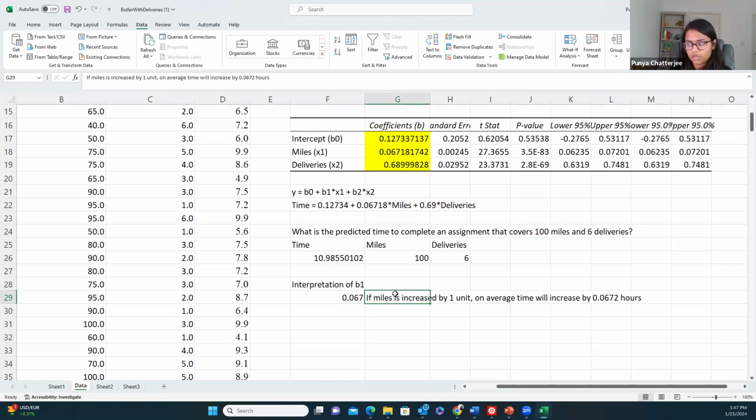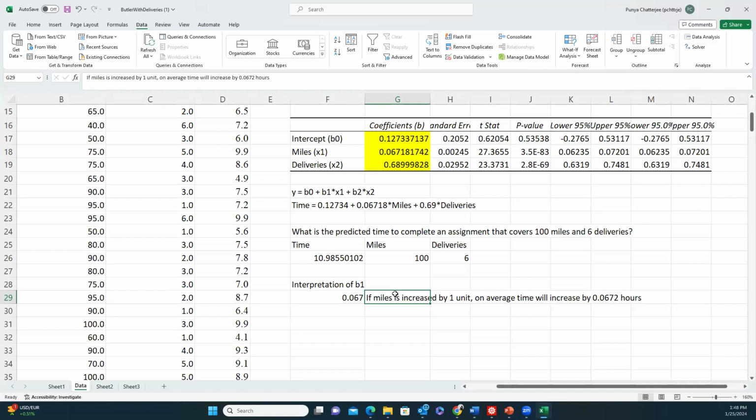So it's incomplete in the sense that we don't know what happens to deliveries when miles is increased. So my question to you is, can you think about completing this? Should the deliveries also increase, or should the deliveries stay the same when you are interpreting the number 0.067?